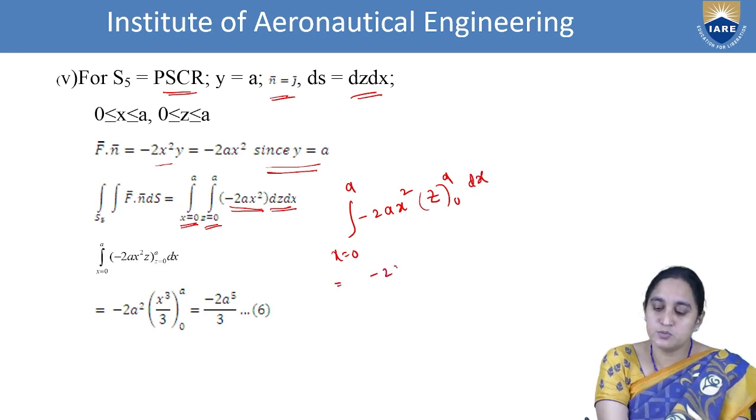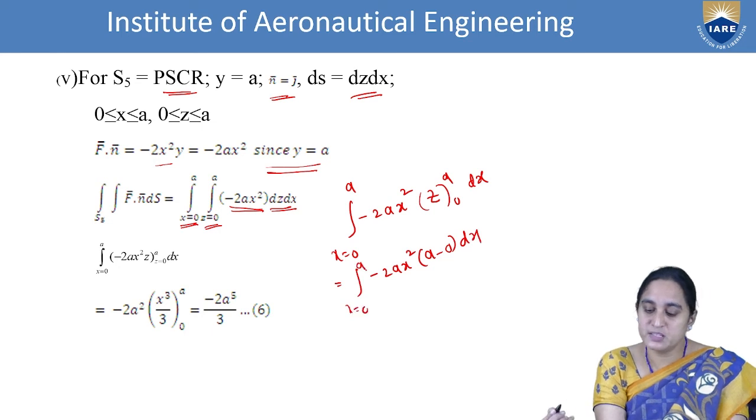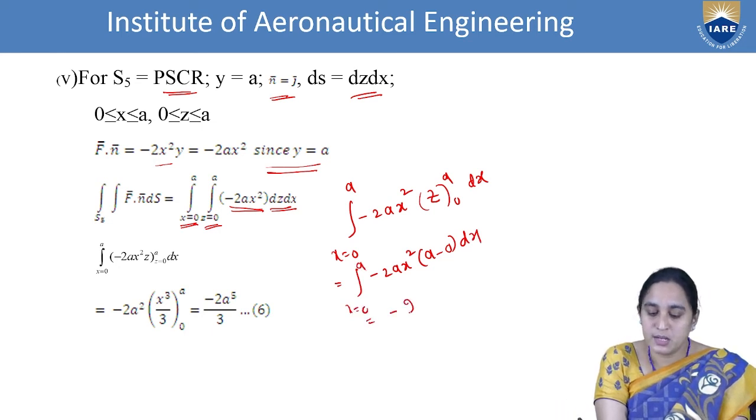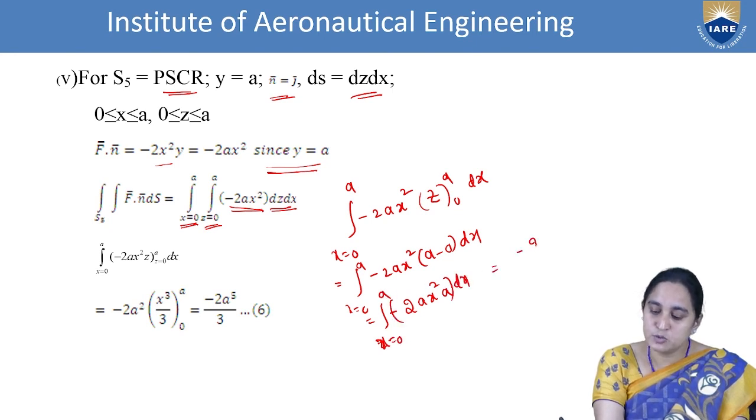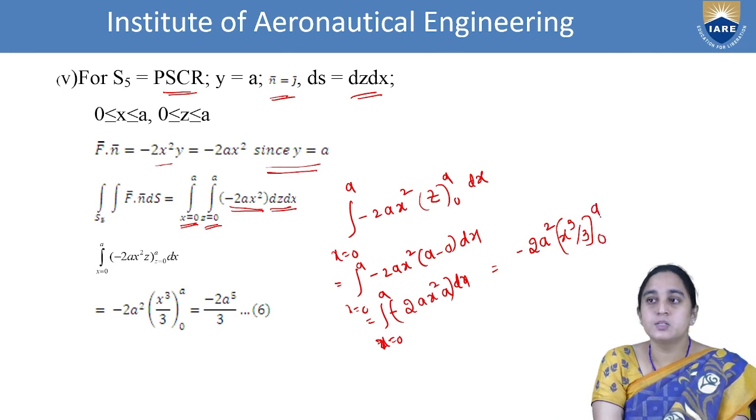That is minus 2a x square, z upper limit a minus 0, dx, which gives minus 2a x square times a. Next integrate with respect to x: minus 2a square times x square, whose integral is x cube by 3, with limits 0 to a.